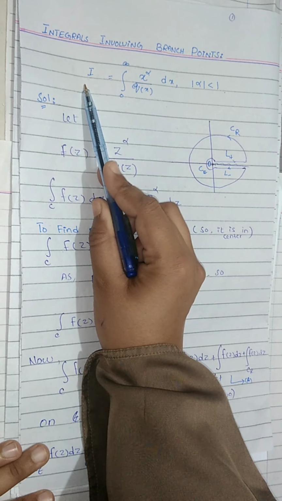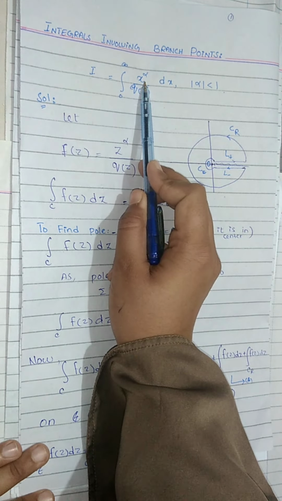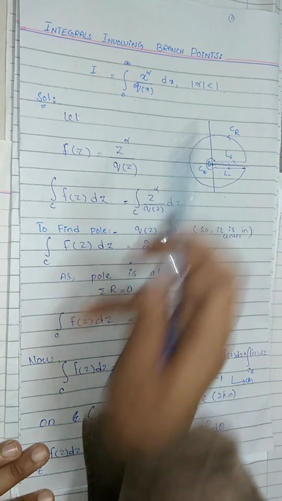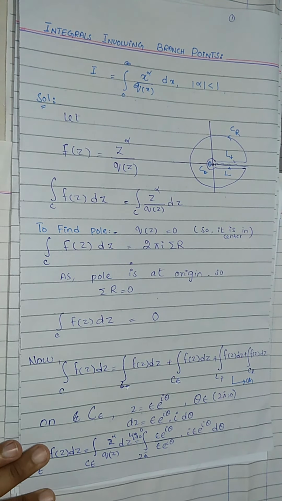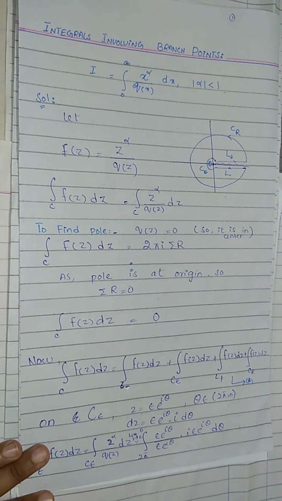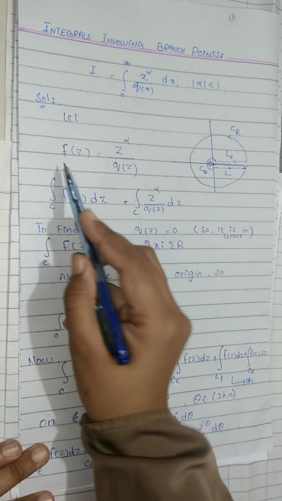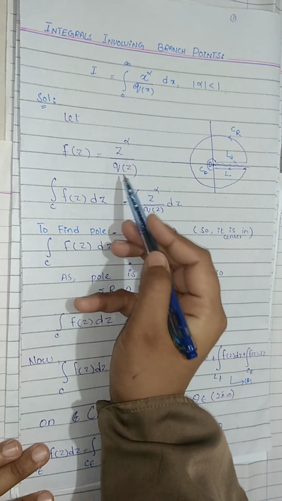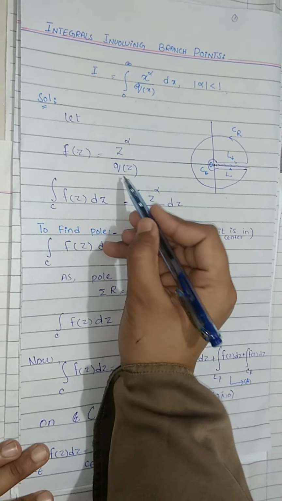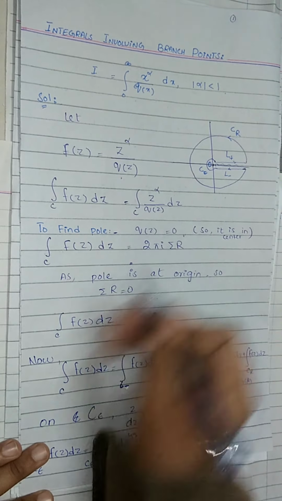Now we have an example: I is equal to the integral from 0 to infinity of x raised to power alpha over q of x dx, when alpha is less than 1. Let us take the same contour as in the previous questions. f of z is equal to z raised to power alpha over q of z. To find the pole, we put q of z is equal to 0.